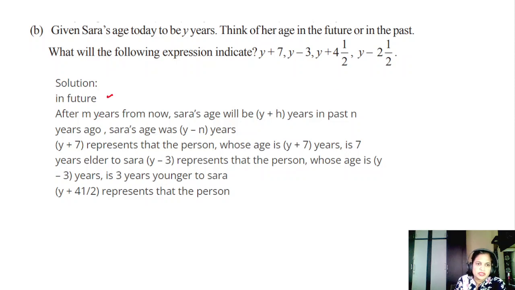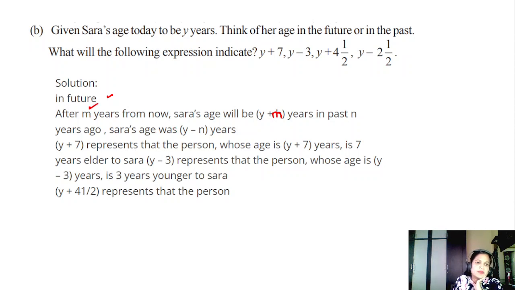Solution in future. After m years from now, Sarah's age will be y plus m years. I told you 2 years, but they are considering m years. Let's assume m years from now, because exactly we don't know how many years in the future.